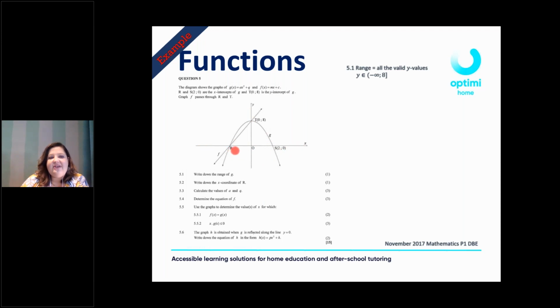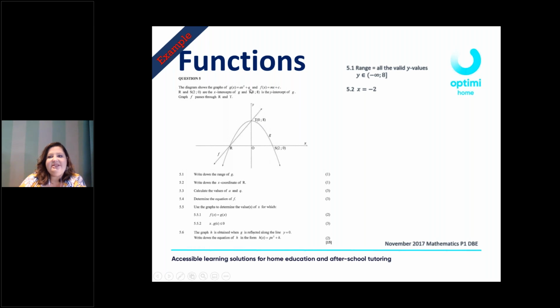So this will have a negative x value because it's on the left-hand side of my origin, and will have the y value of 0. So how are we going to calculate that? I know that my graph is nice and symmetrical in the middle over there, and if S is 2 units to the right, my R should be 2 units to the left. They only asked for my x-coordinate, so it is -2.